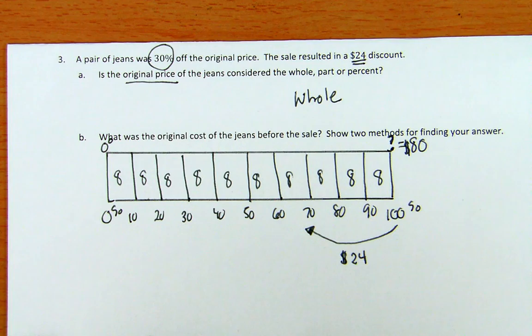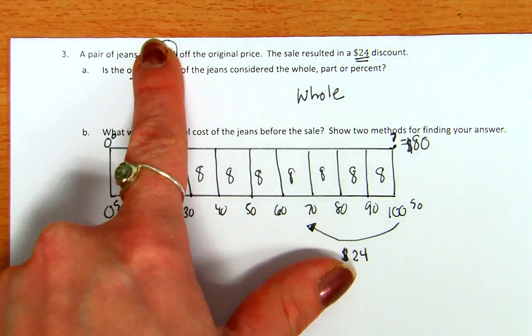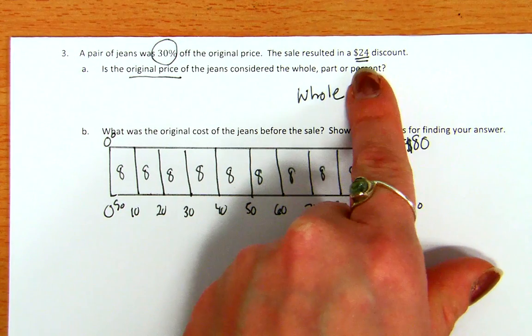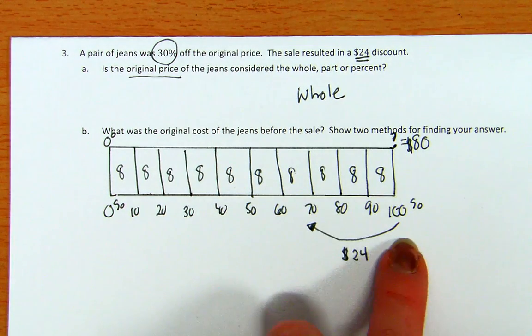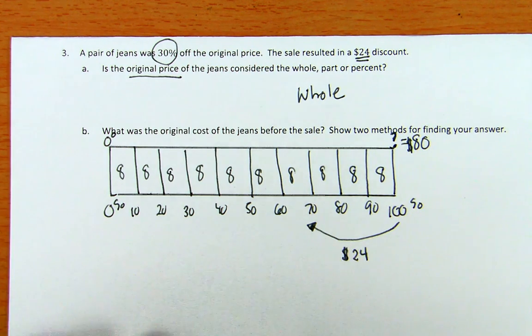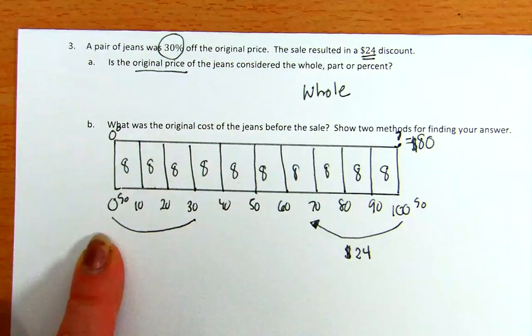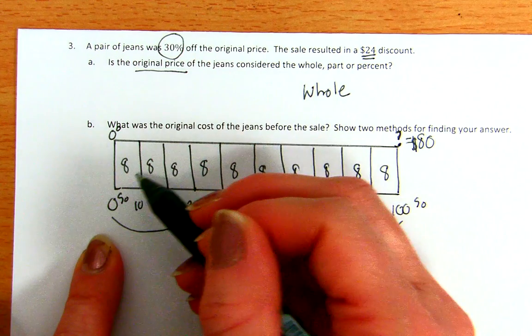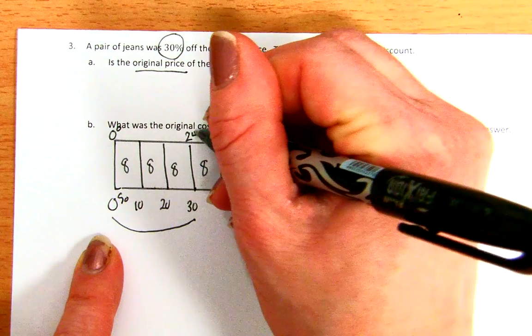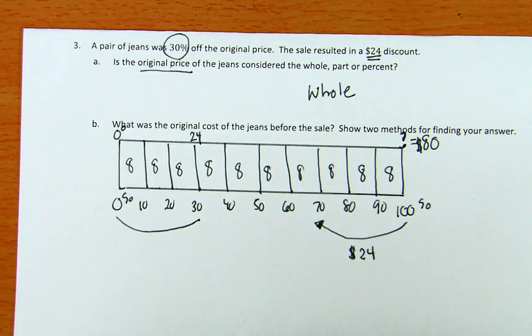I'm just doing a quick little check, right? Because 30%, remember we said, was $24. And we did it by figuring, okay, let's look at what 30% off is. But 30% here should also be $24. And is it? 8, 16, 24. Yes, it is. Okay, so that's just a quick check to make sure that our math is lining up.